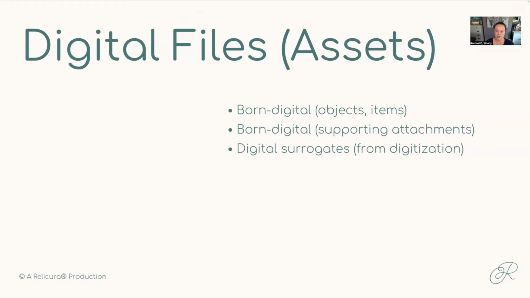So with that, born digital, there's objects and items, which can be a part of our collection, but we can also have born digital files that are considered more of the supporting documents or supporting attachments, thinking about conservation, assessment, and treatment files, thinking about perhaps electronically created and signed accession and acquisition forms, those particular attachments that aren't in themselves the collection item, but are related to the collection item.